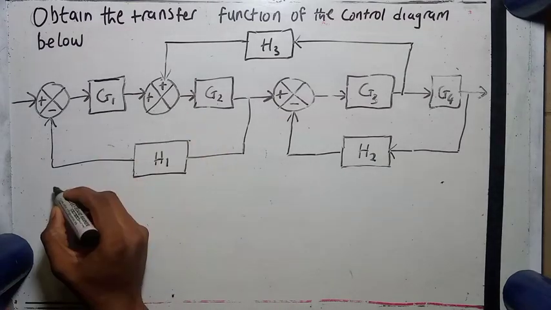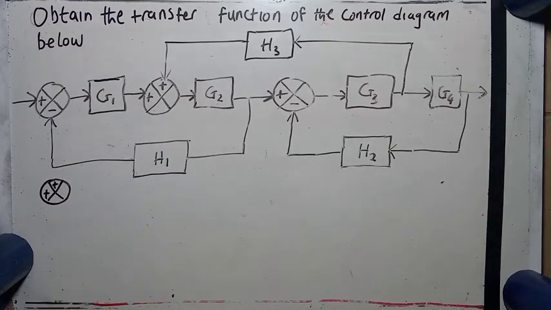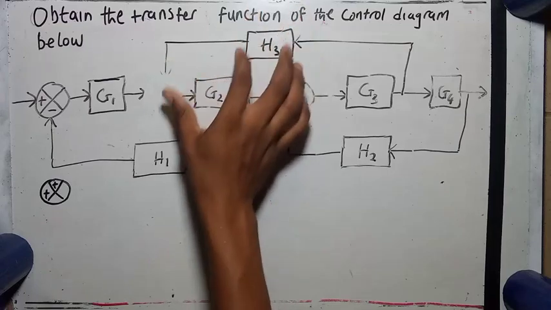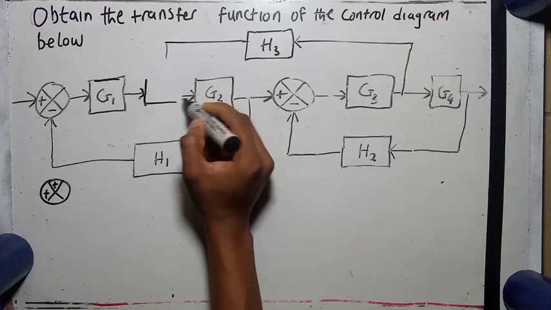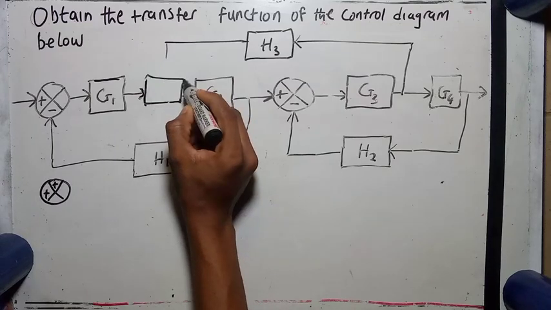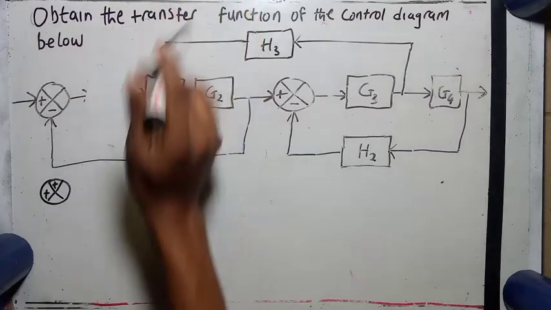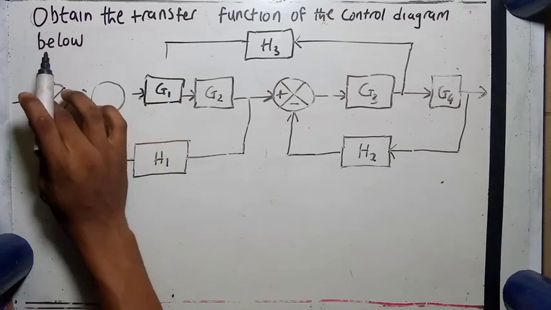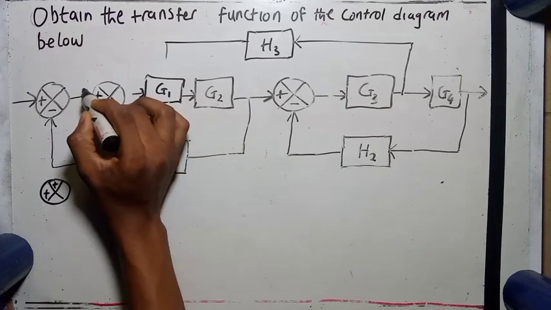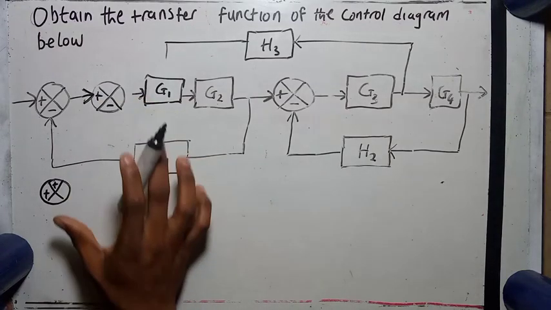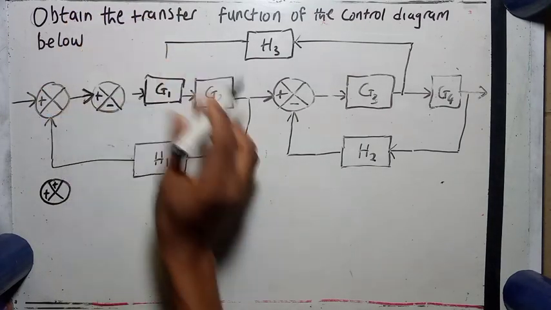So let's say we are moving this, and we shift our g1 in front, and then shift this particular summing point in front. Then we introduce this one here.